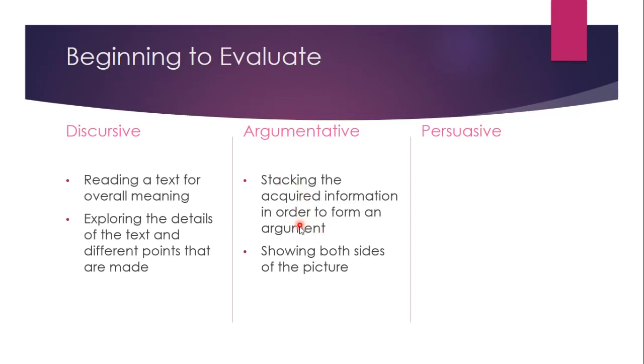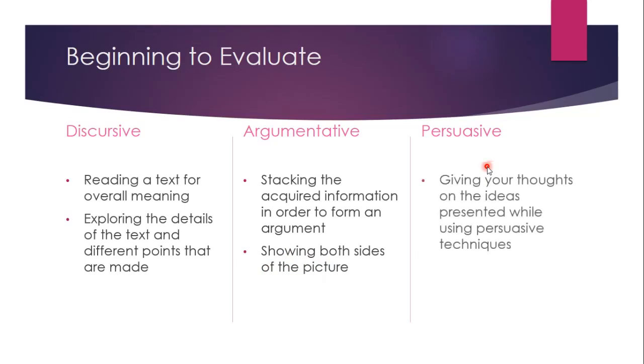I'm going to show you two examples in this regard, where the information I've acquired through the discursive activity is arranged in two different orders, and this argument is going to help me formulate two different opinions, for which I'm going to use persuasive writing techniques in order to persuade my audience.